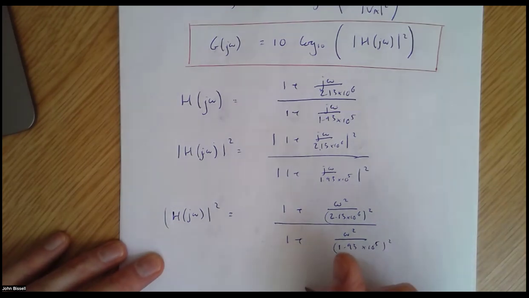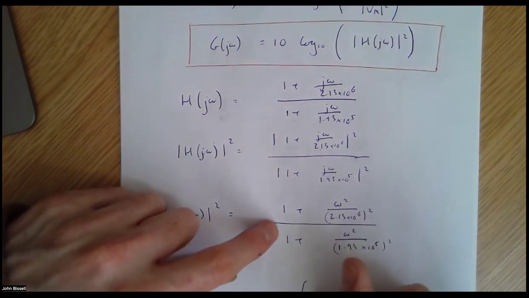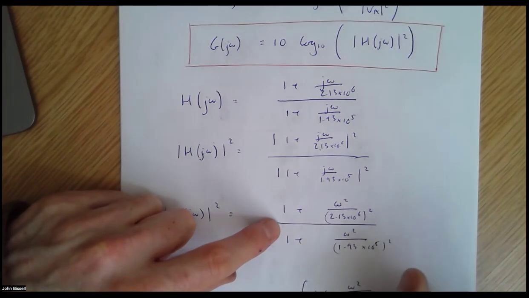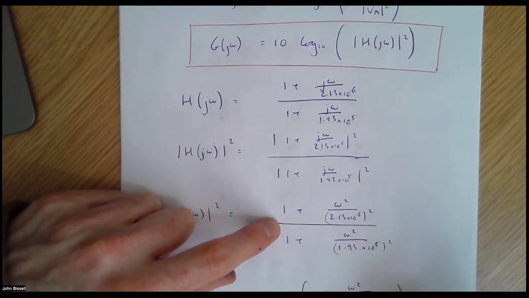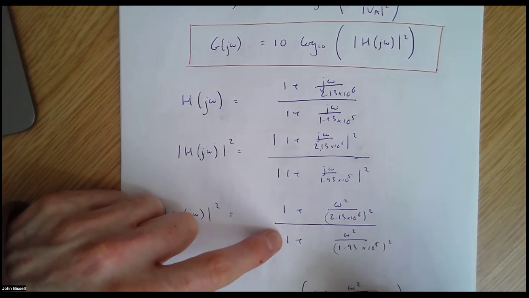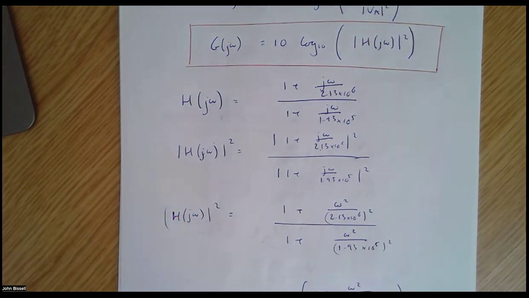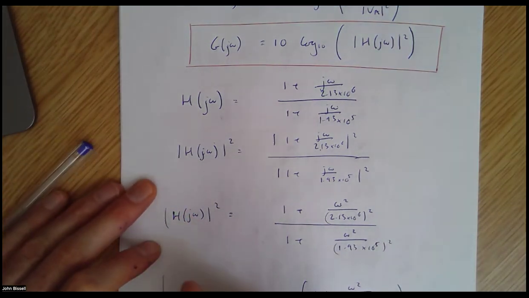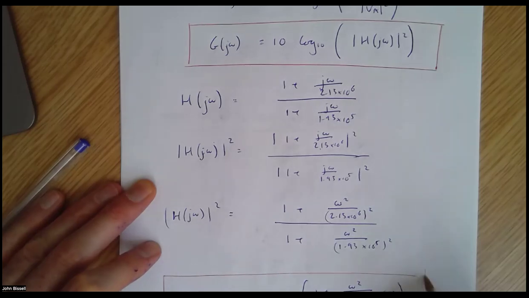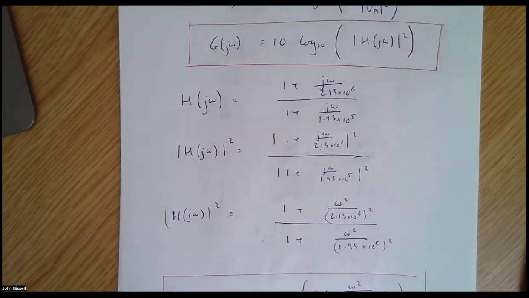I hope this is all going to work, of this stuff in here: 1 plus omega squared over 2.13 times 10 to the 6 squared, over 1 plus omega squared over 1.93 times 10 to the 5 squared. Okay, that's the gain, if I've done it correctly.